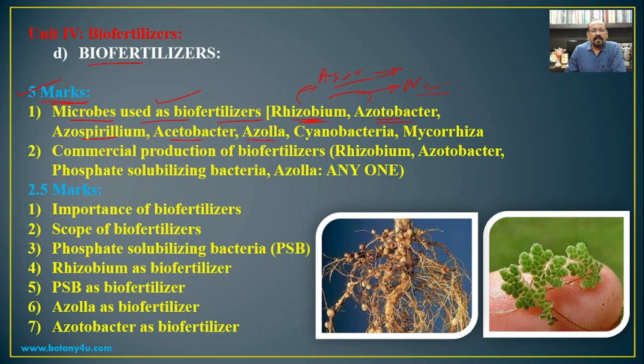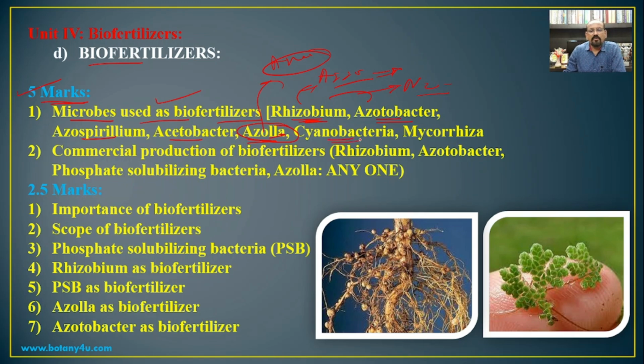Then Azolla is a pteridophyte in which there is a cavity inside the leaf containing Anabaena azollae, which is responsible for atmospheric nitrogen fixation, and hence it is commonly used in the paddy field.